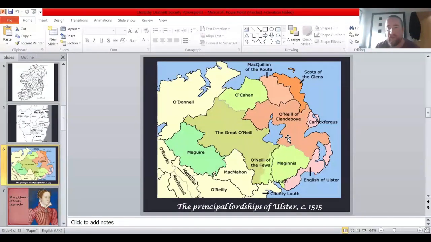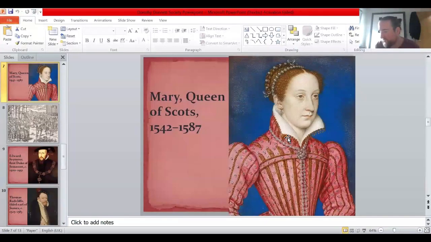In the end, he manages to take over a small French town, Boulogne, for a couple of years and ends up bankrupt again at the end of it. But on the other side of that, he is also trying to force the Scots into marrying Mary, Queen of Scots, off to his own son, the future Edward VI.